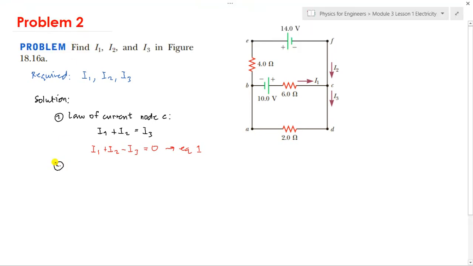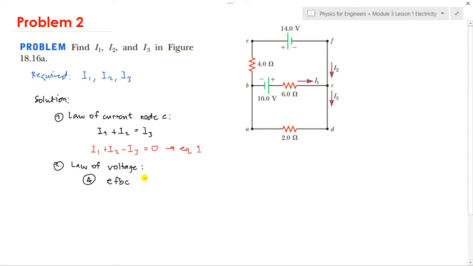For the second equation, we're going to use the law of voltage. So here, my first loop would be loop EFBC.